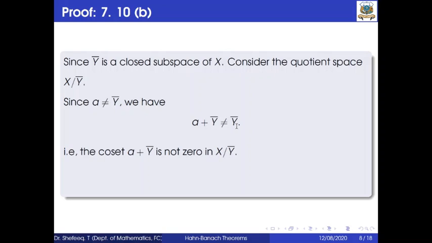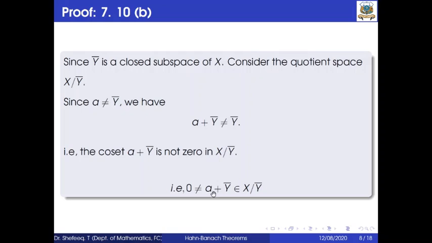That means the coset a plus Y bar is not 0 in this quotient space X by Y bar. That is, a plus Y bar is a non-zero element in the quotient space X by Y bar.